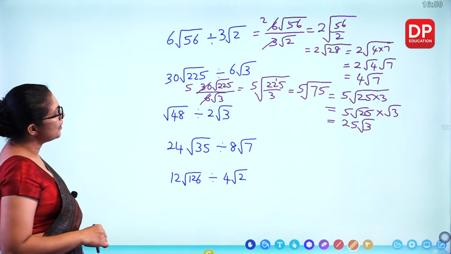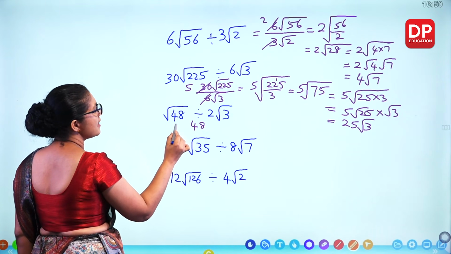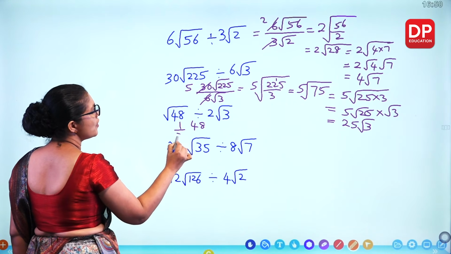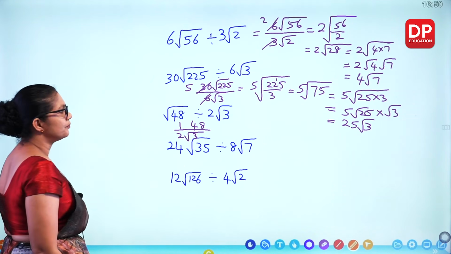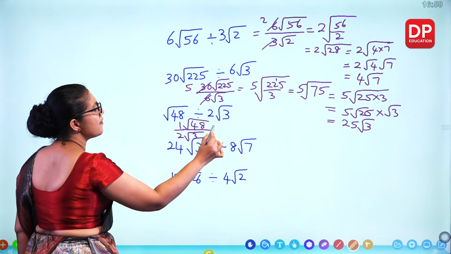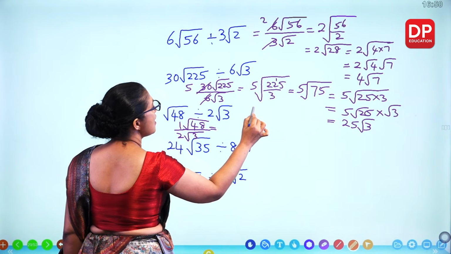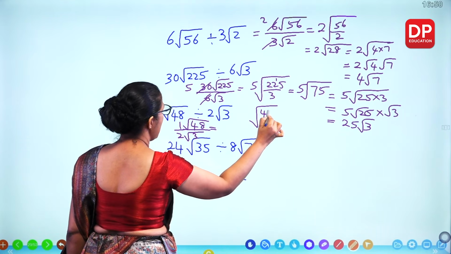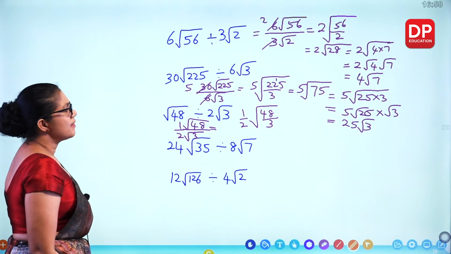Now we'll do this one. Write separately. Now here 1 over 2. Now you can write as a single fraction. So I can write 48 divided by 3 and 2 in the denominator.